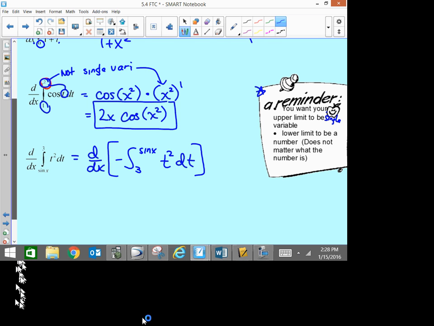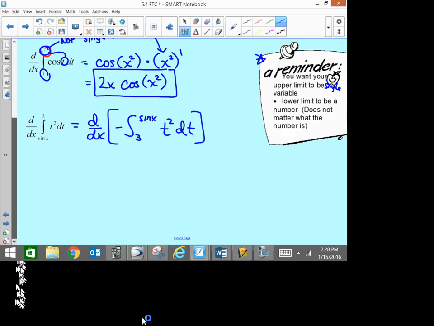And you can switch the upper and the lower limit if you negate the integration. Just going backwards. So now we can treat it just like we did this one. We've got our number here. Constant is good. But again, we're going to have to use the chain rule.